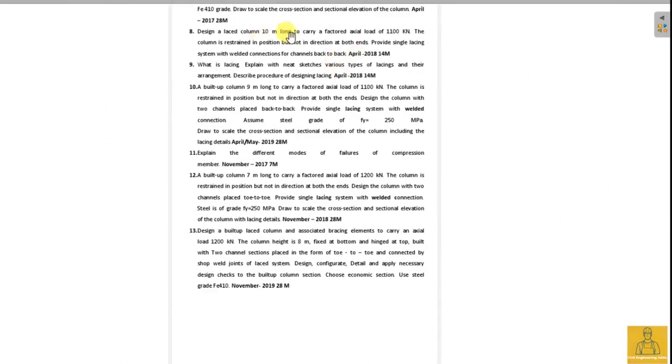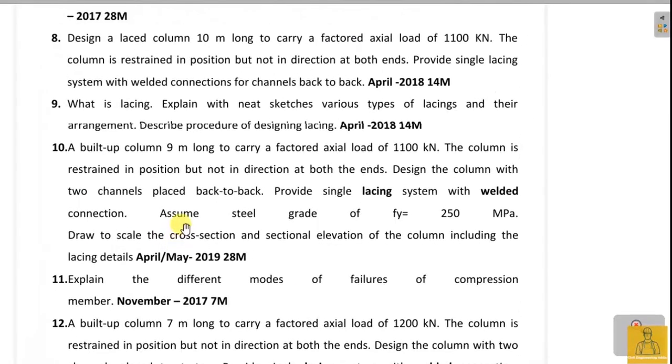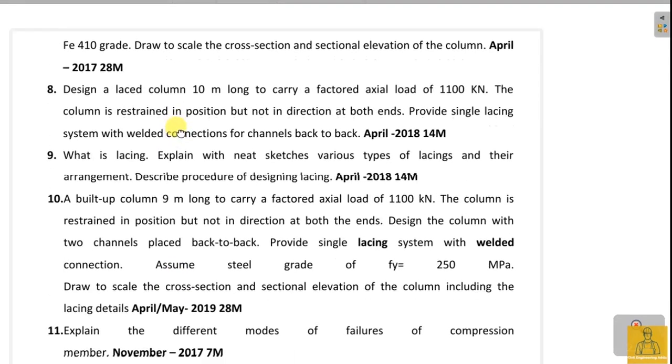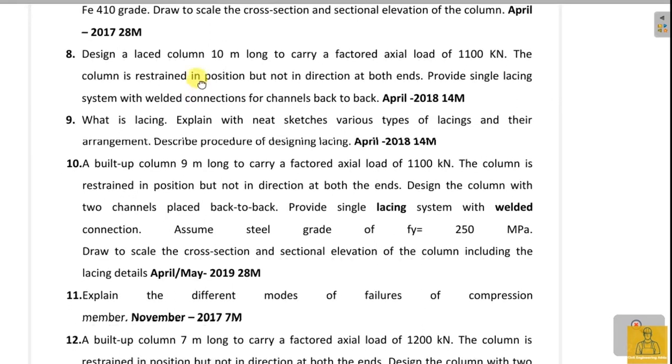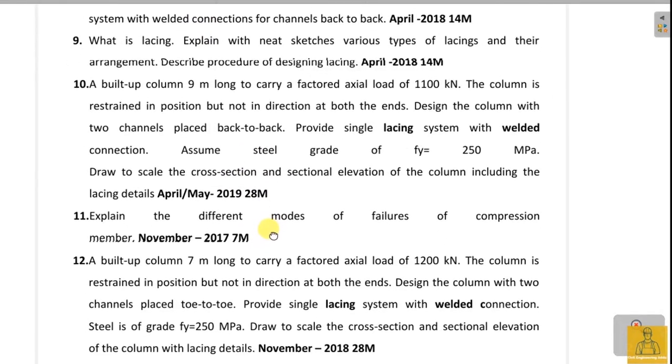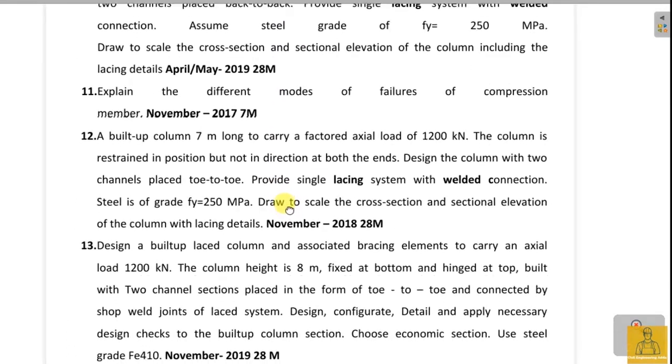Okay, you can just practice. While solving these problems, please take the previous problem which I have solved as a reference. These problems are a little bit lengthy, but that does not mean these problems are difficult to solve.